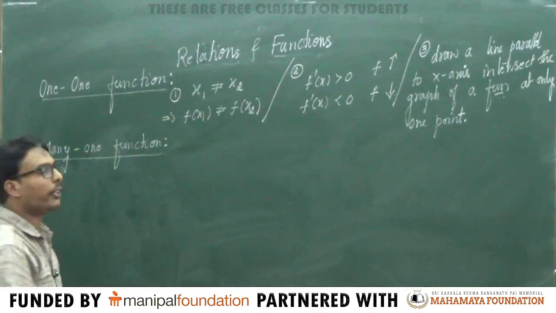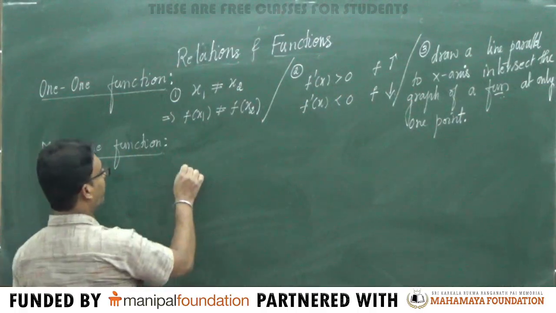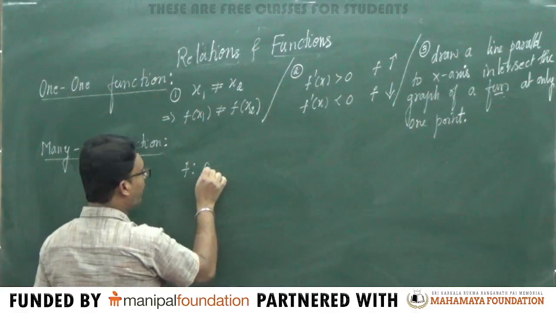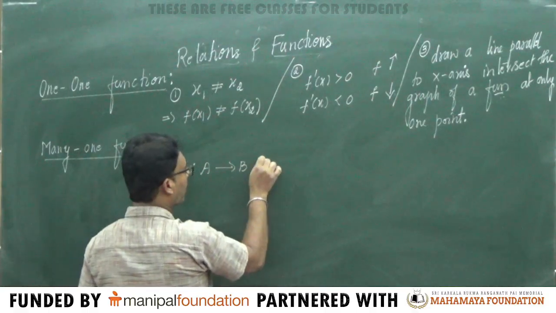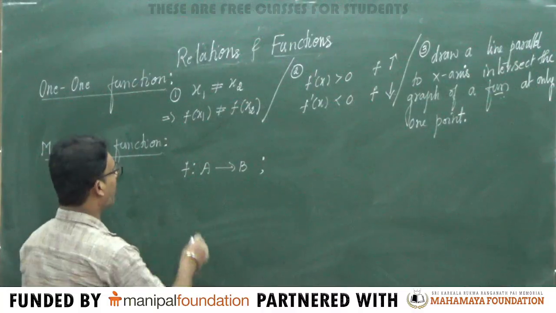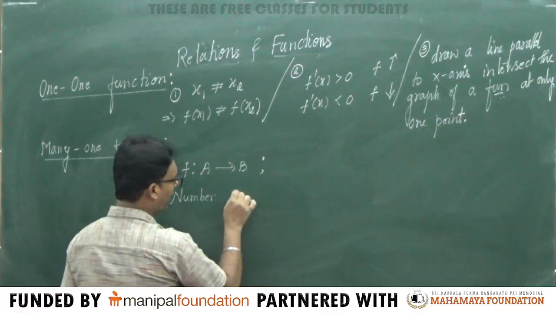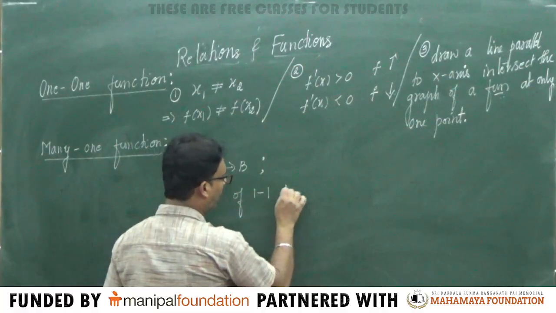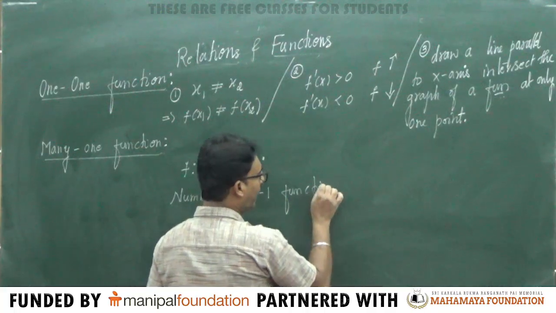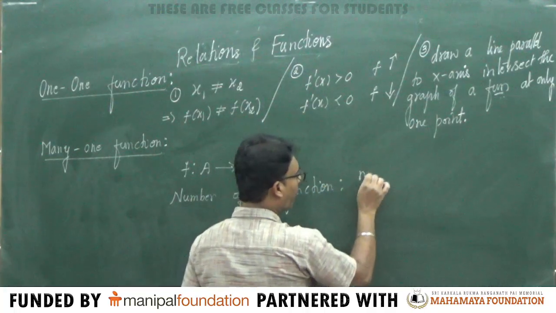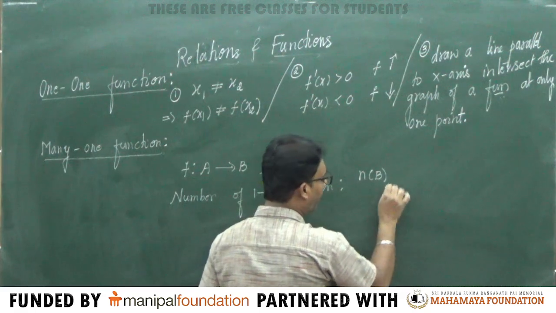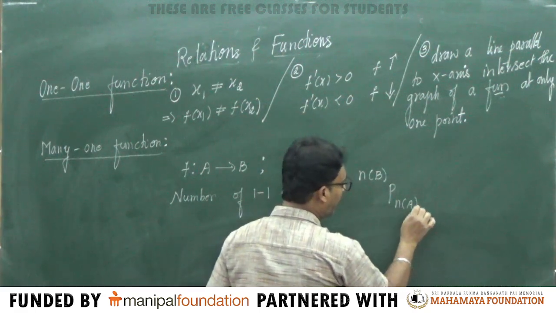Then the formula to find the number of one-one functions: if f is a function from the set A to B, then the number of one-one functions is given by the number of elements present in the codomain P the number of elements present in the domain.